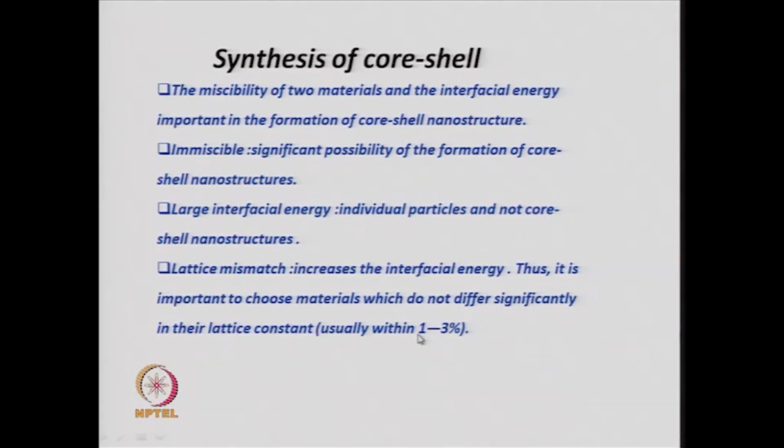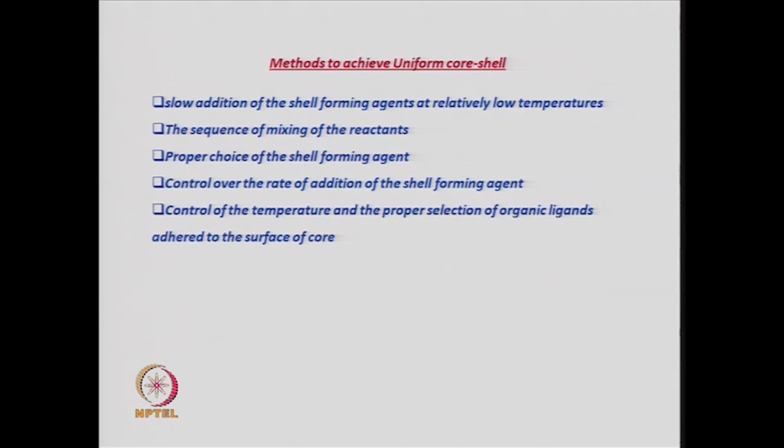A large lattice mismatch will increase the interfacial energy, and that in turn will make it difficult to make a shell on top of the core, and you will end up with two different types of particles, which is a mixture, and then it is called a composite.